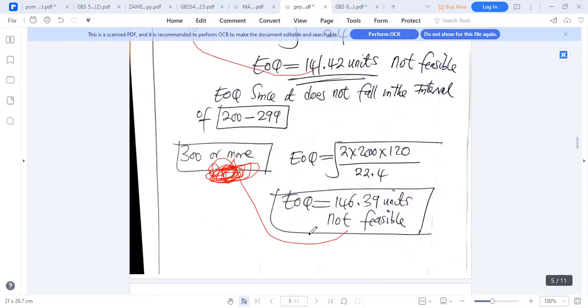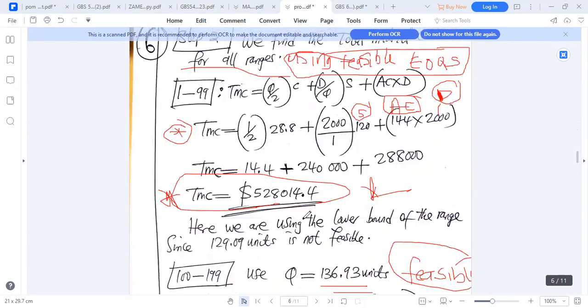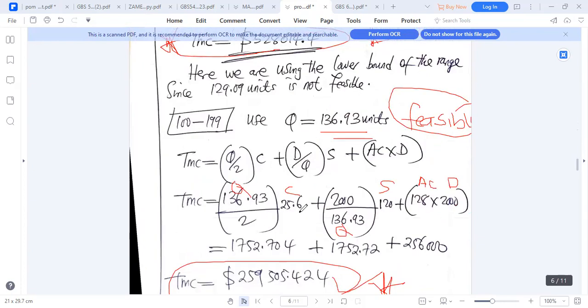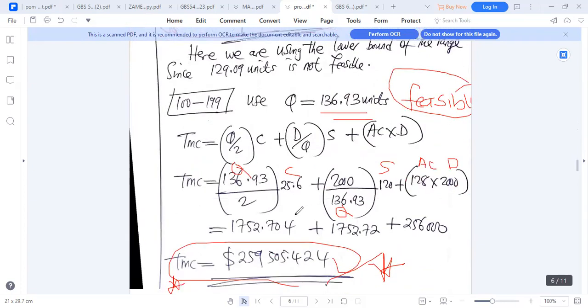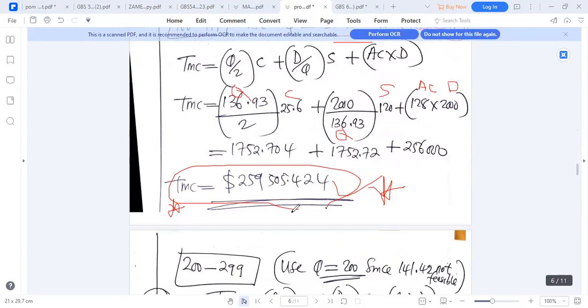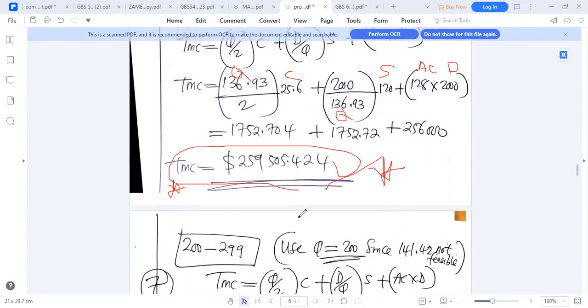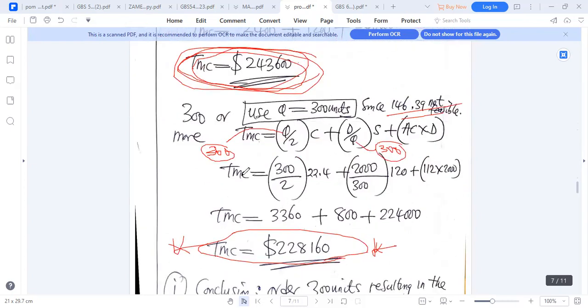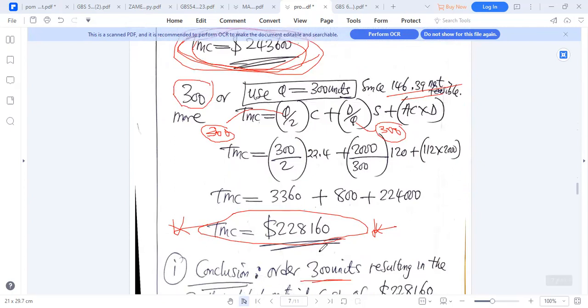So to find the total material cost, we simply consider the EOQs that are feasible. And of course, we compare and pick the one that gives us the smallest possible total material cost. That is the EOQ we should go for. So in this case, we recommended 300 units because it gave us the smallest possible total material cost of 228,160.